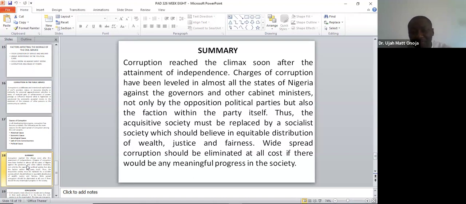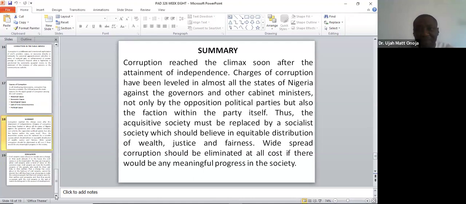In a corrupt atmosphere, there is not much that the civil service can do in the pursuit of development. And like we know before now, the civil service is also an agent of change, or the public service an agent of change. In any capacity you find yourself, you must pursue uprightness as a way to ensure that the system is stable and balanced enough to yield the benefits that ordinarily should accrue to it.